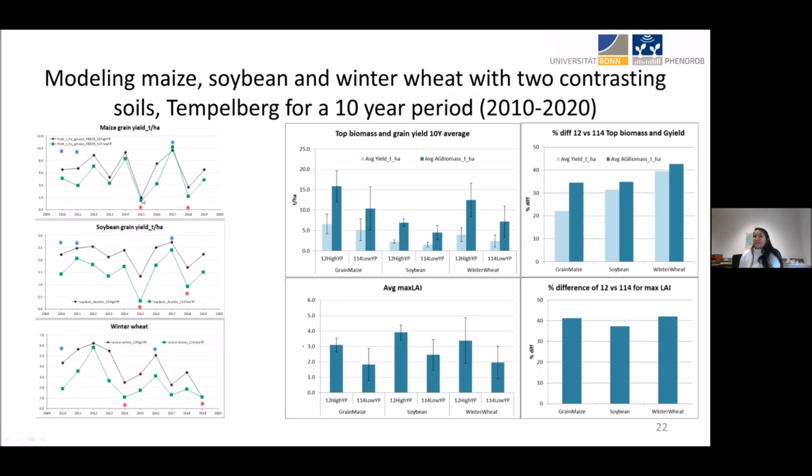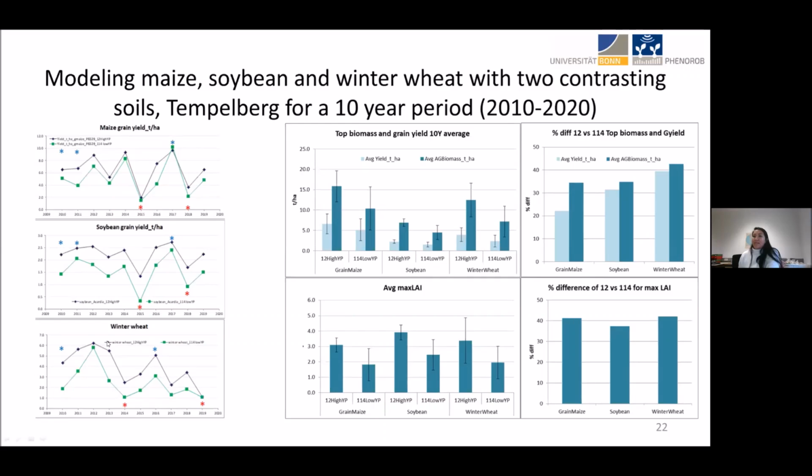And in some cases, for example in the maize, when there was an event of low seasonal rainfall, the yields were similar between these two soils, but when there's high rainfall, the crop seems to be more responsive because there's more accumulation of water within the soil profile.